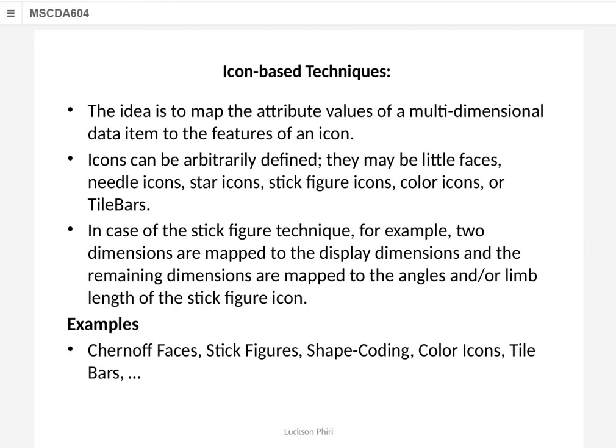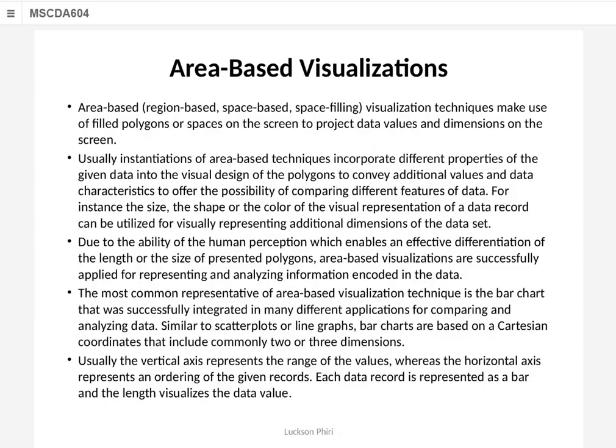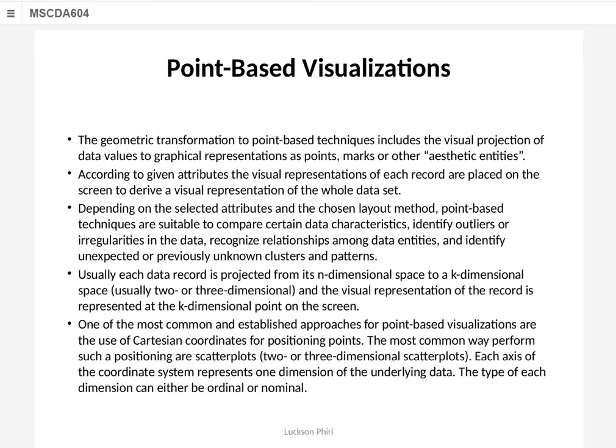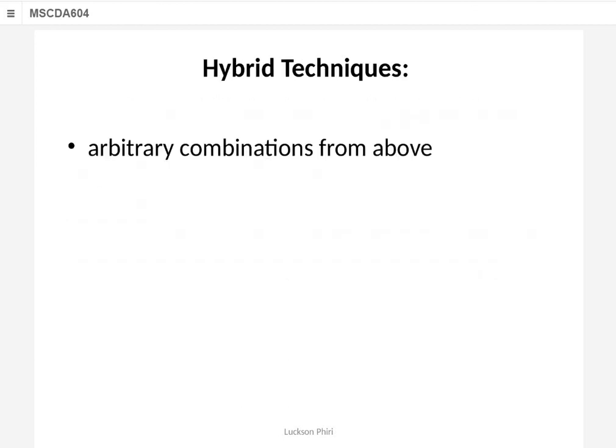It's just for your theoretical foundation for this course. Pixel-oriented, etc., area-based visualizations, point-based visualization, line-based visualization, and a hybrid. Right. So here we just wanted to talk about information or data visualization, what it is and what we are expected to be doing in this course.